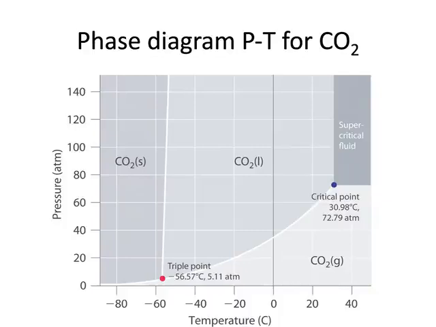You've already done some experiments with carbon dioxide. You did this at a pressure of 1 atmosphere, so at very low pressure here, and the temperature was about 20 degrees. So you see that clearly you were far inside of the gaseous phase.